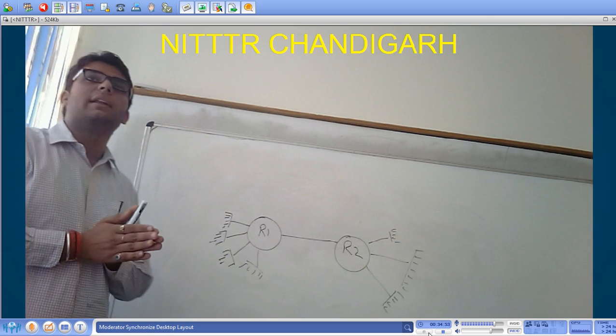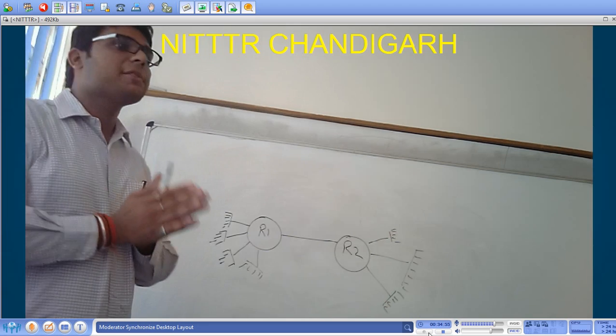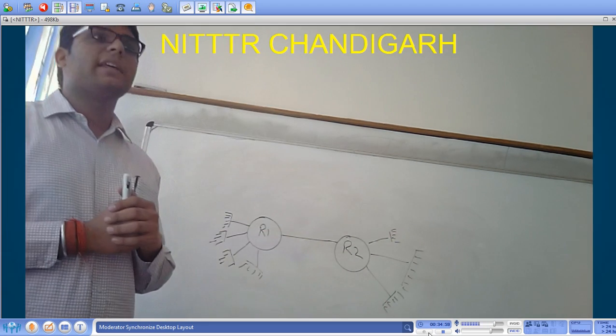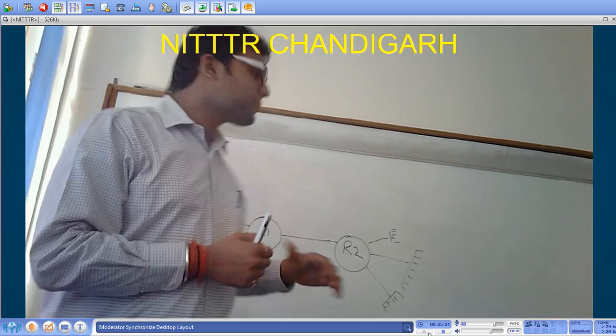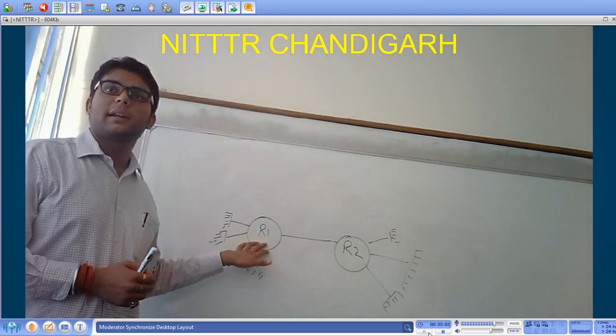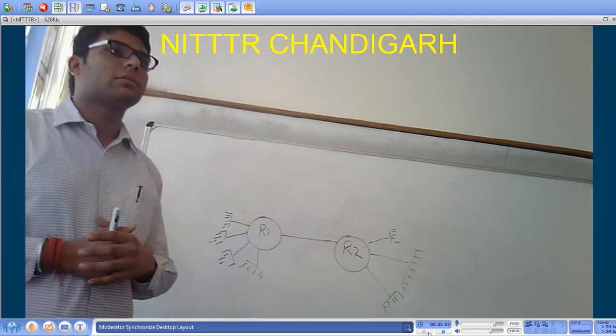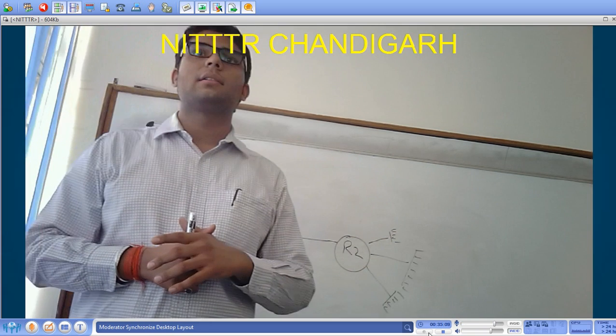Let's say I am running OSPF between router number 1 and router number 2. Yesterday we did RIP. उस पर हम यहाँ पे राउटर 1 पे रन कर रहे थे, राउटर 2 पे भी रन कर रहे थे. Clear?